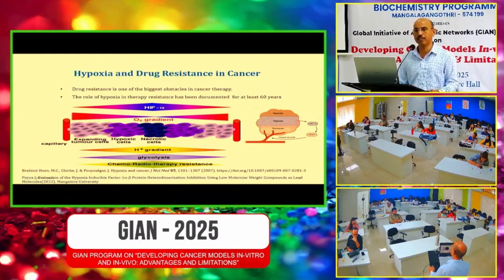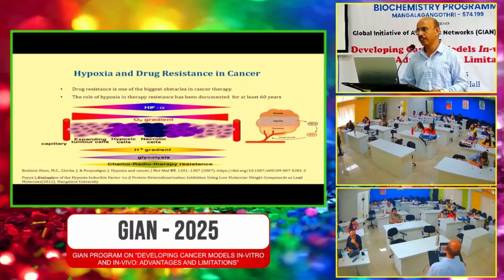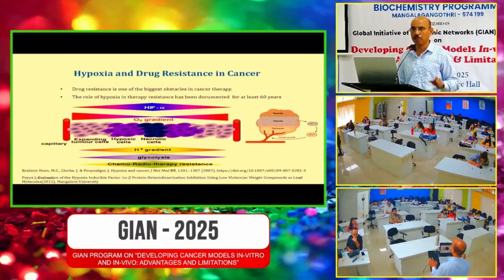Here I will briefly tell what it actually is. A hypoxic condition is a condition where there is less oxygen. This condition makes us feel uneasy. Suppose I block all the windows here and the oxygen concentration goes down, naturally you feel very uncomfortable.